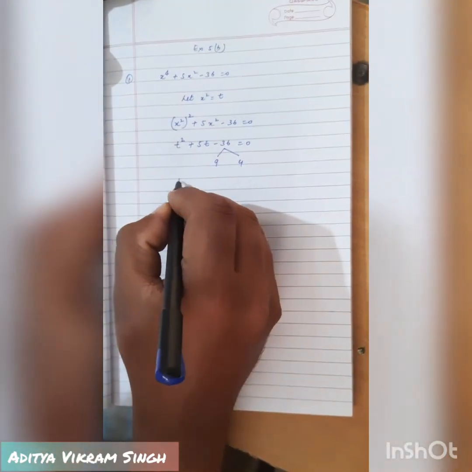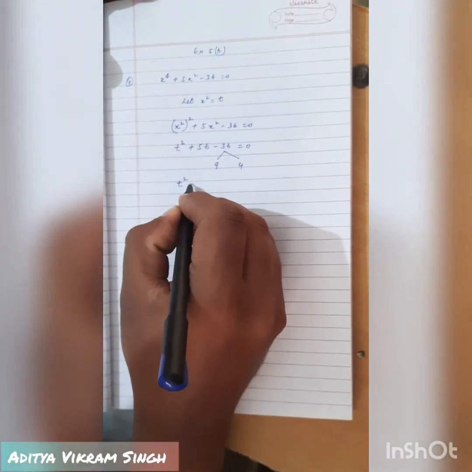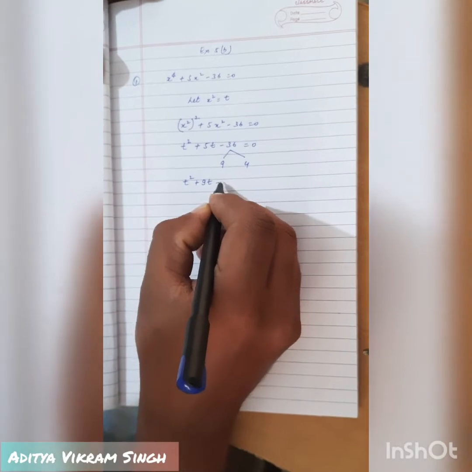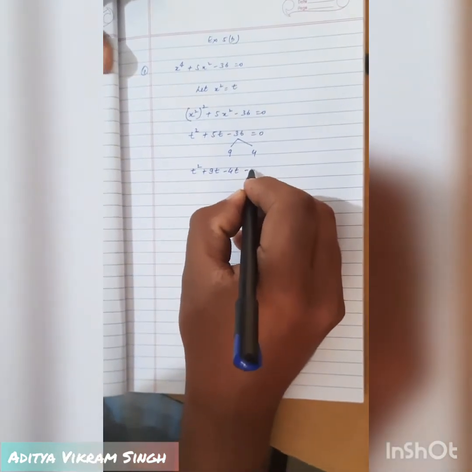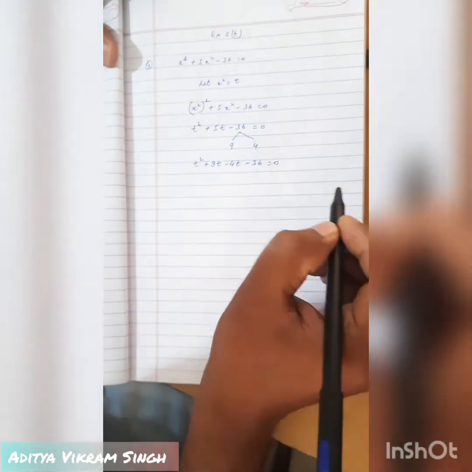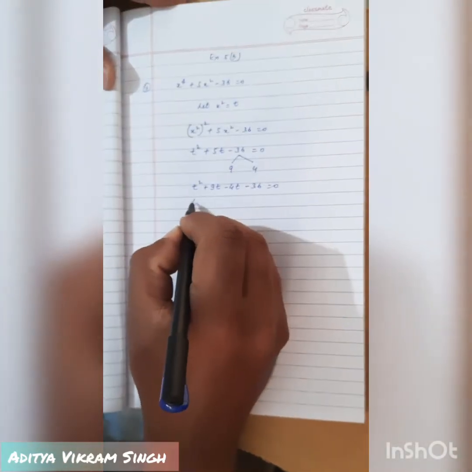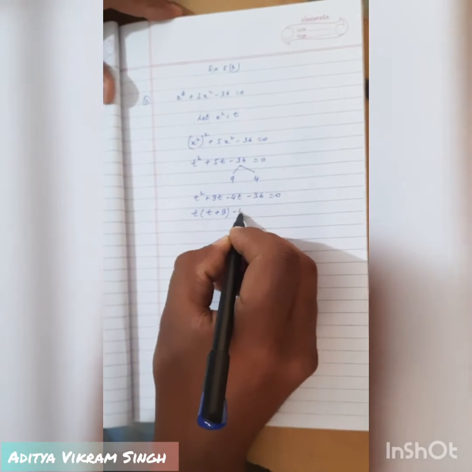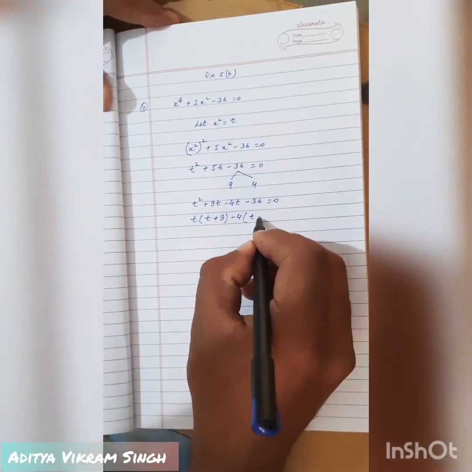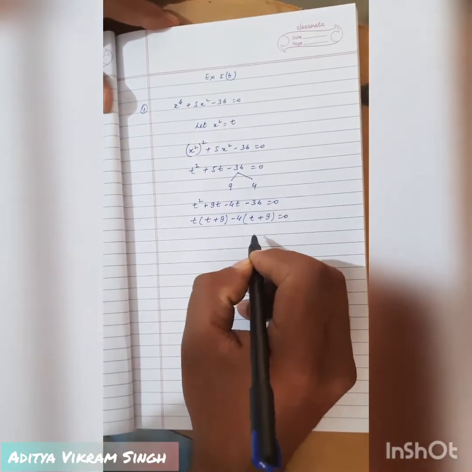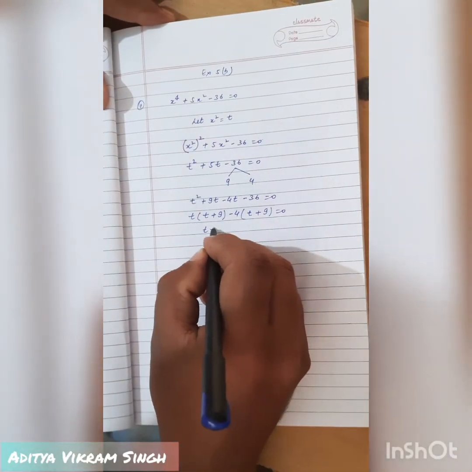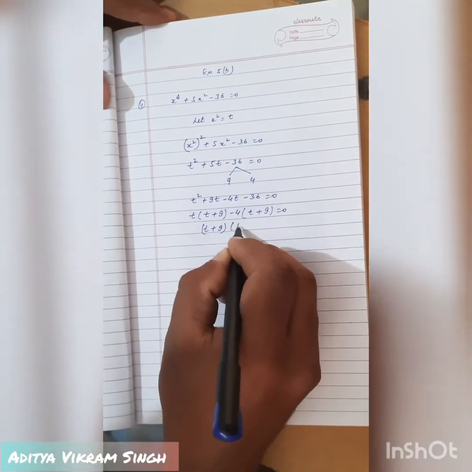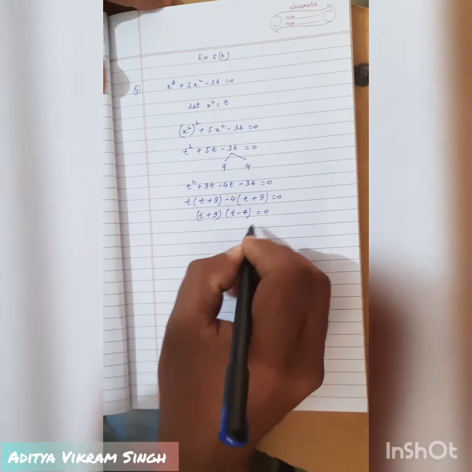So this is t square plus 9t minus 4t minus 36 is equal to 0. If we take t common, we are left with t plus 9. If we take 4 common, we are left with t plus 9. If we take t plus 9 common, we are left with t minus 4, which is equal to 0.